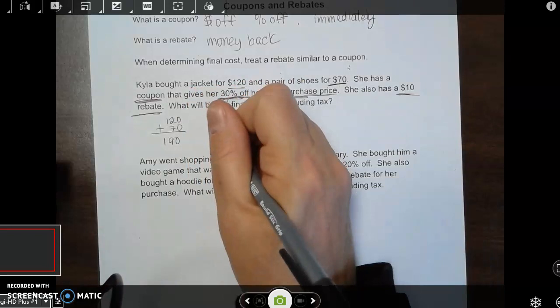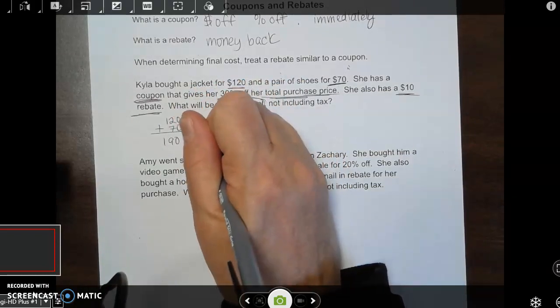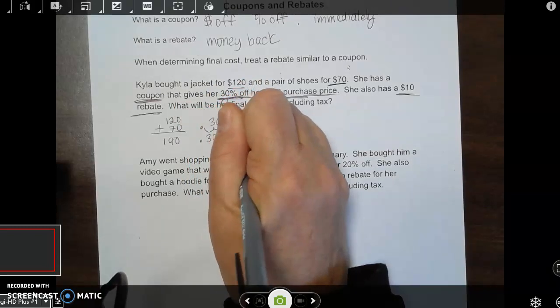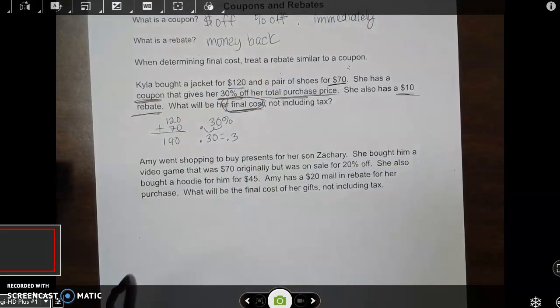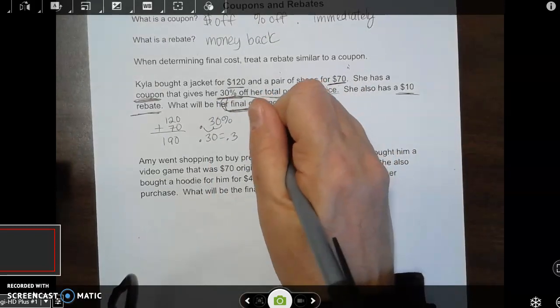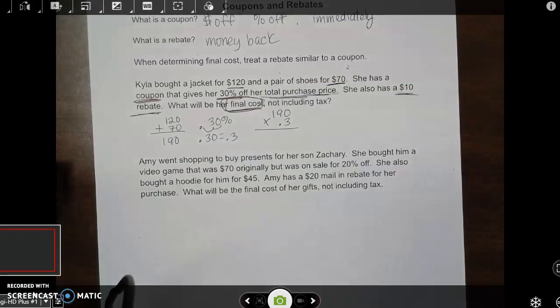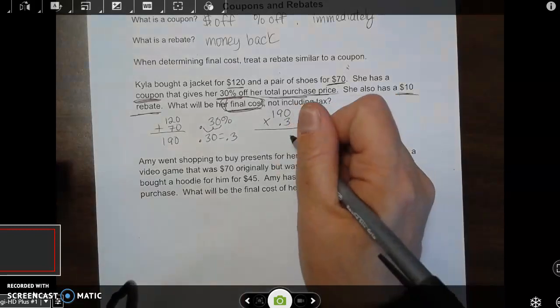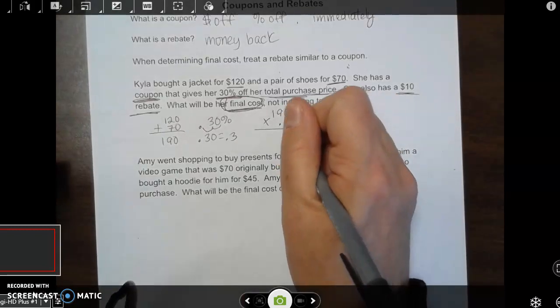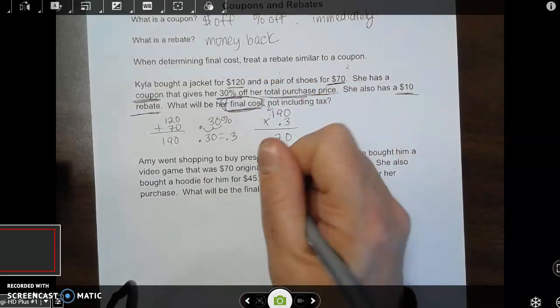So 30%, I move it 1, 2, so that's 0.30, which is the same as 0.3. So change the percent to a decimal and multiply. So you are going to multiply the cost by 0.3. 0, 27. 3 plus 2 is 5.